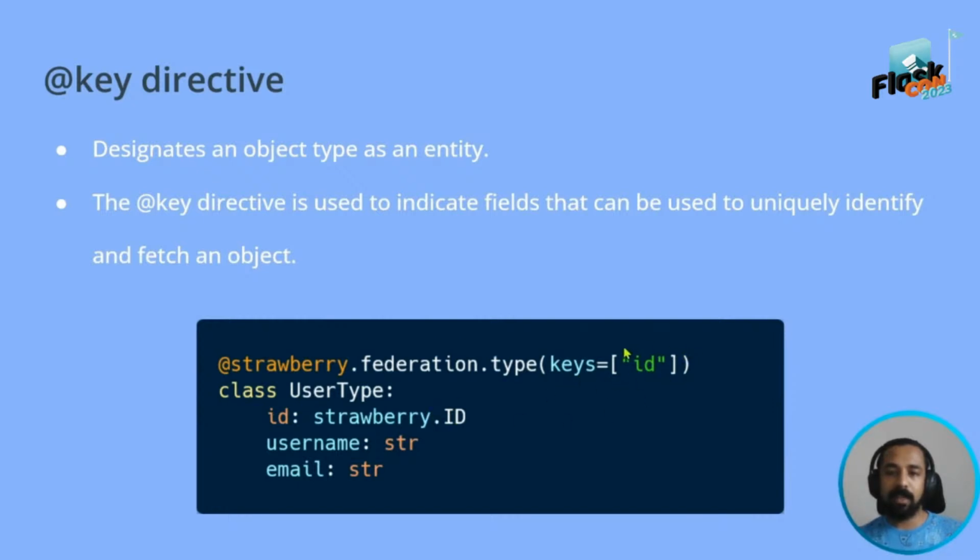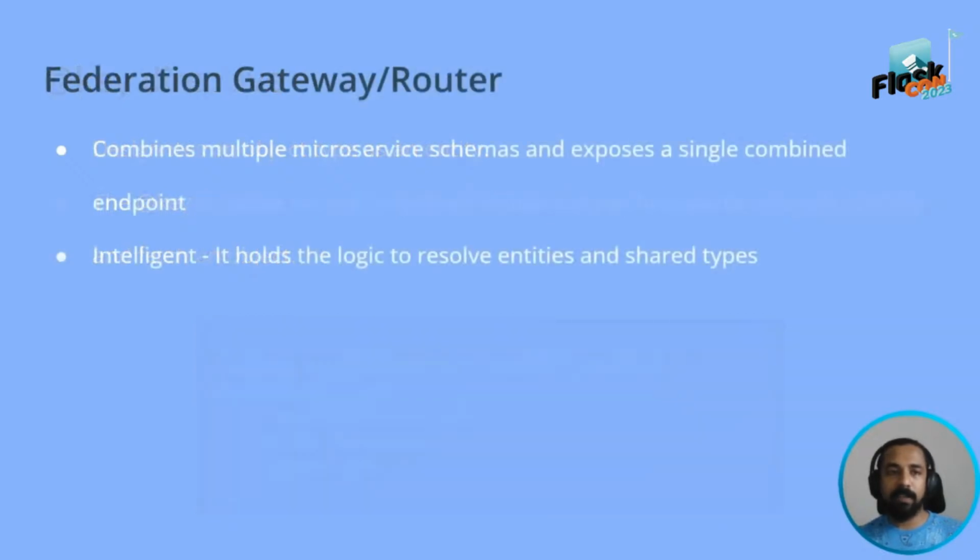So this means that, similar to the concept of a primary key, the user type can be uniquely fetched using its ID field. We will see this example in detail in the coming slides.